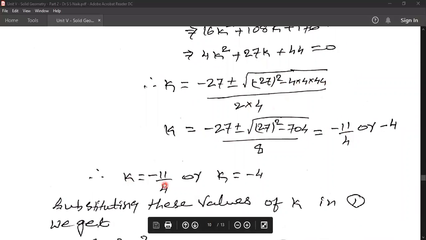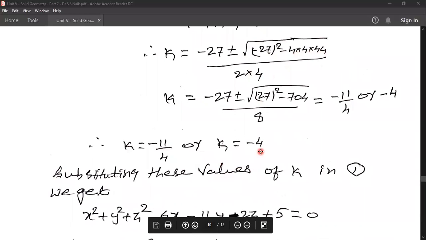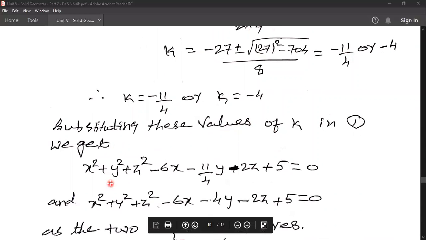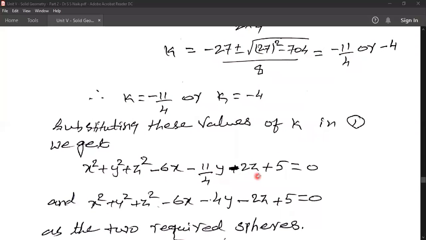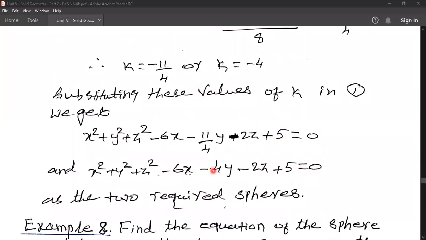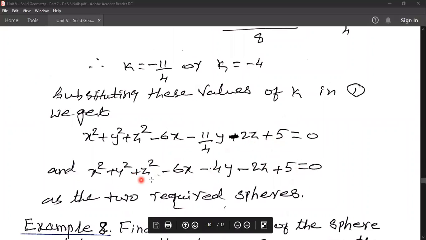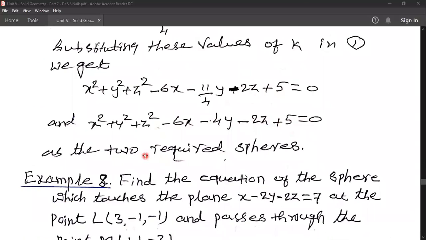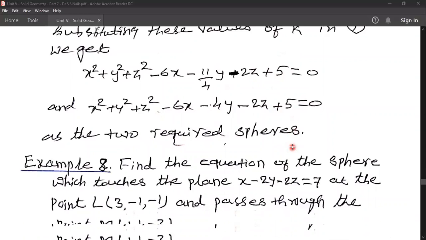Substituting these two values of k in equation 1, we get x square plus y square plus z square minus 6x minus 11 by 4 y minus 2z plus 5 equal to 0, and x square plus y square plus z square minus 6x minus 4y minus 2z plus 5 equal to 0 as the two required spheres.